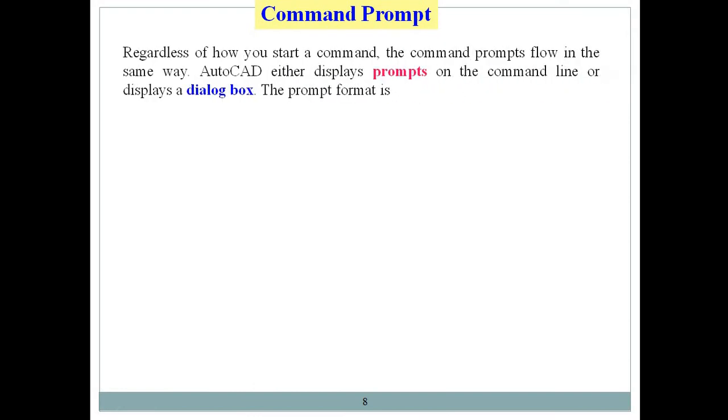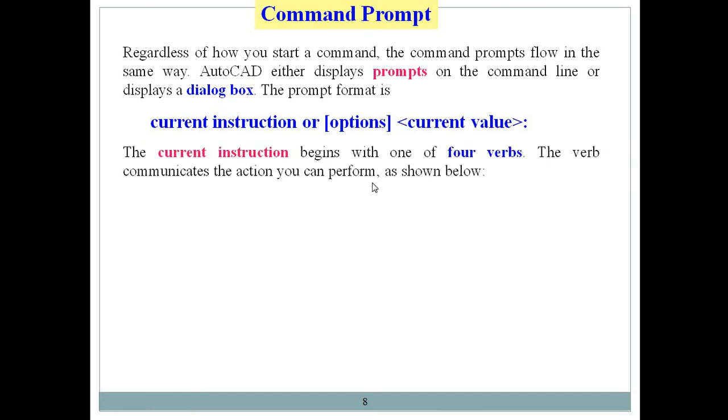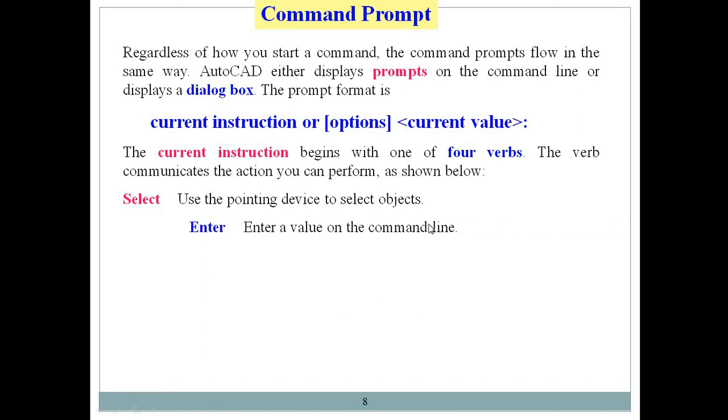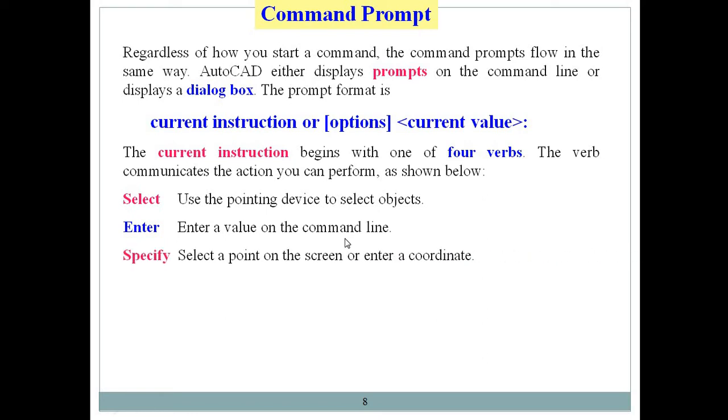Then we also use the command prompt. The command prompt depends on the current instruction, and this current instruction can begin only with verbs. Then the first process is to use the pointing device to select an object, then enter a value on the command line, then specify a point on the screen or enter coordinates, then digitize, for which we use the tablet command.